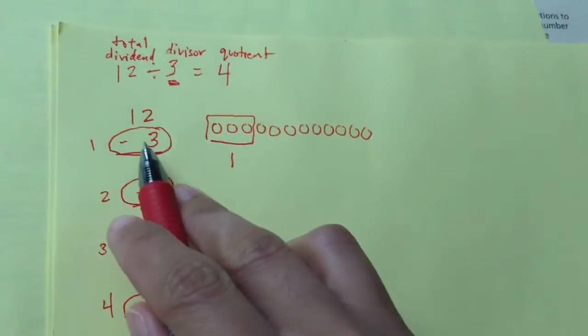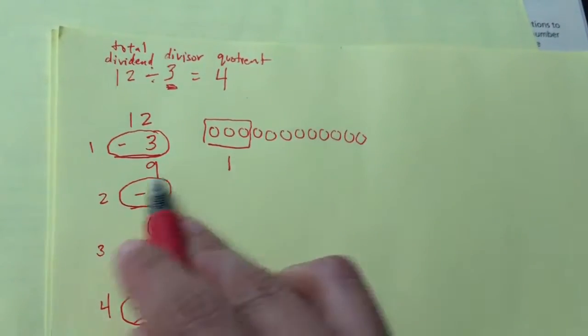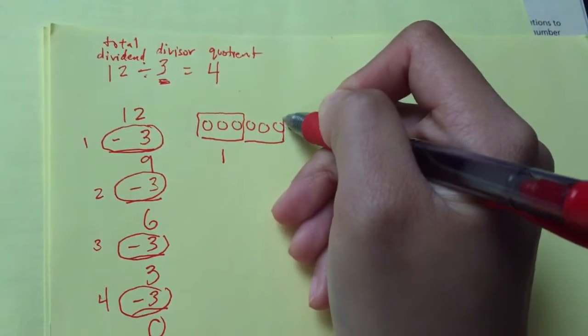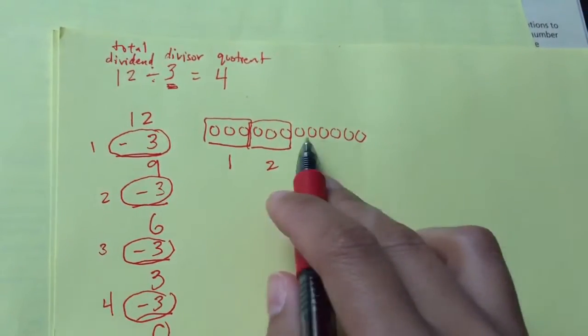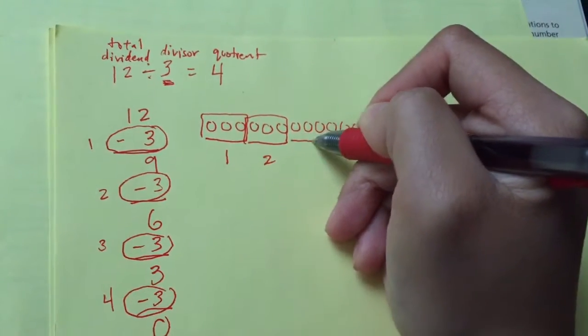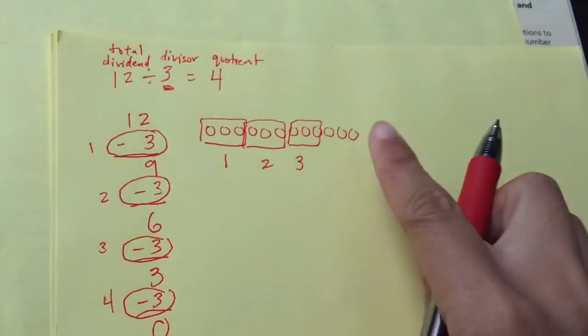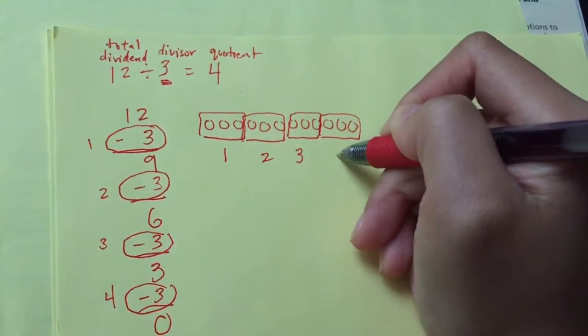One group. And you can see here, when you take away these 3, guess how much you'll have left? It'll be your 9. Take away a second group of 3. Now we have 6 left over. Take away your third group of 3. Now we have 3 left over. Take away our fourth group of 3.